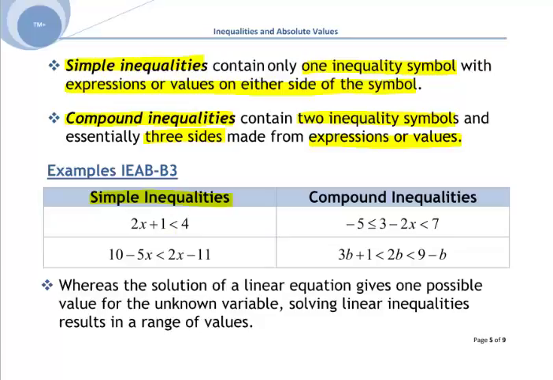So we have only one inequality, and that is separating into 2 parts. So we have 2 expressions on either side. Here we have 1 part, 2 parts, and we have only one inequality.